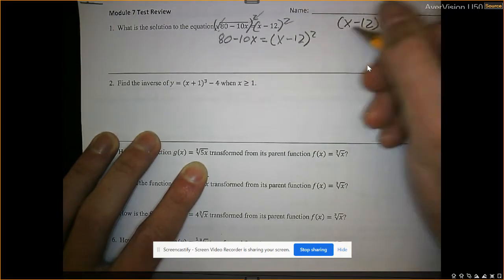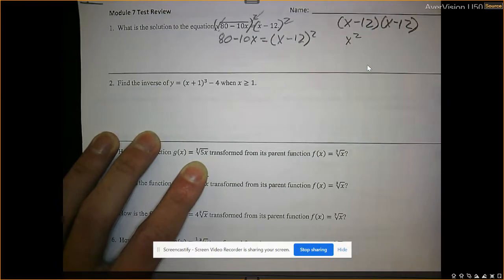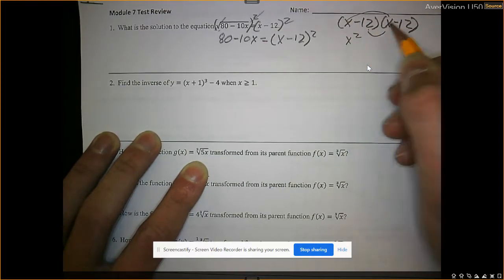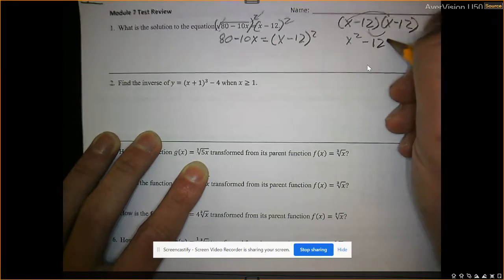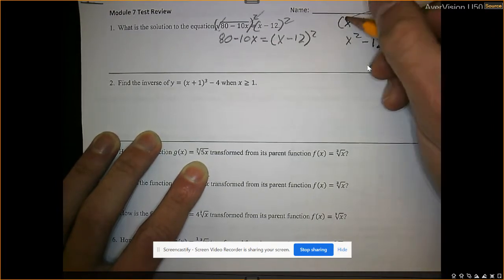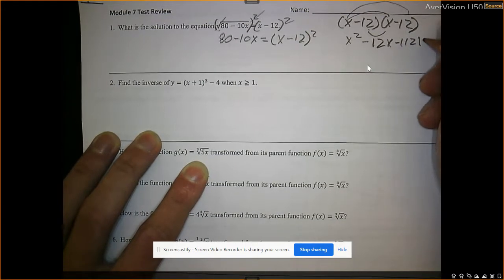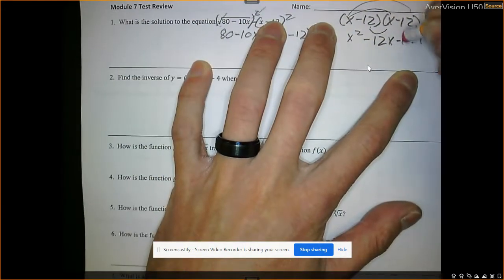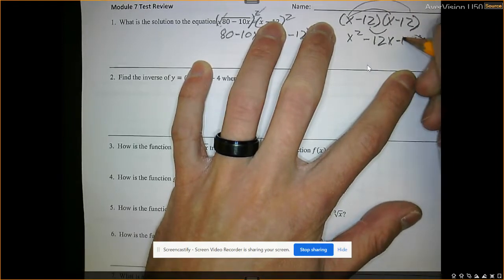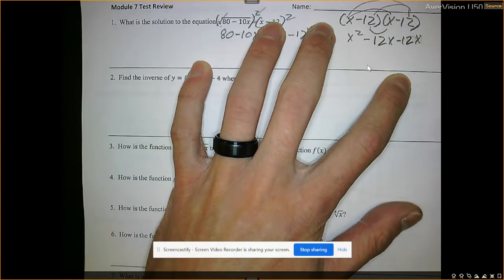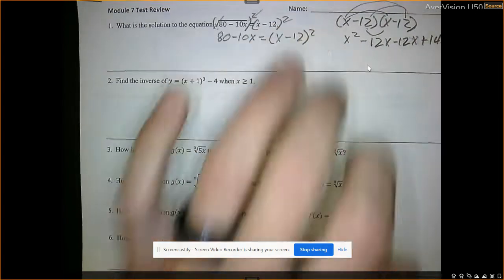So let's do that. x times x is x squared. Negative 12 times x is negative 12x. Then x times negative 12 is another negative 12x. And lastly, we have negative 12 times negative 12, which is positive 144. This is the FOIL method that I used.